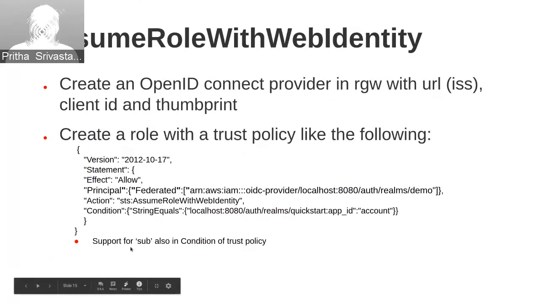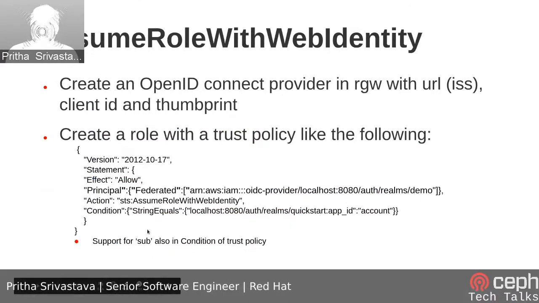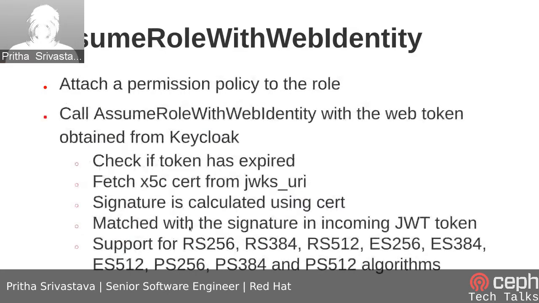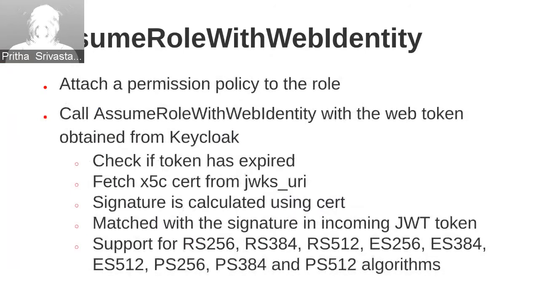Currently, this condition can also be based off the sub field in the incoming web token. The next step is to attach a permission policy to the role, which will define what resources this role provides access to. After all these steps have been performed, the user can start calling assume role with web identity using the web token that it has received from Keycloak.